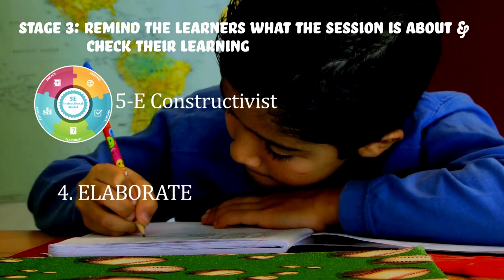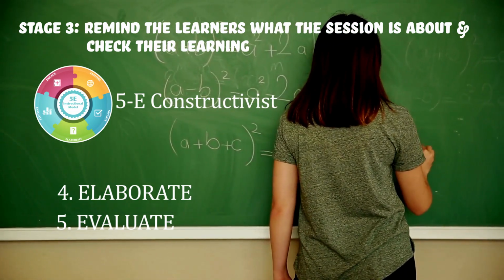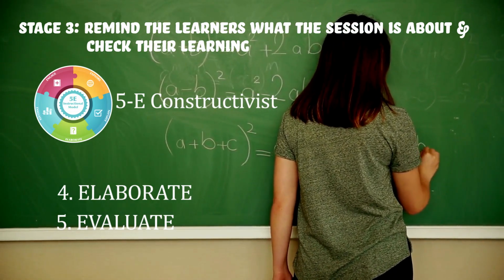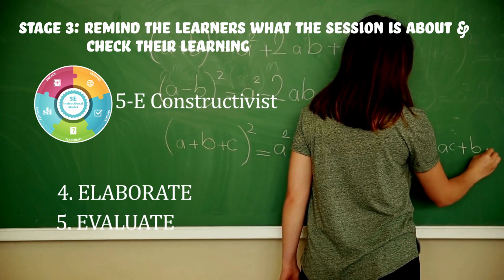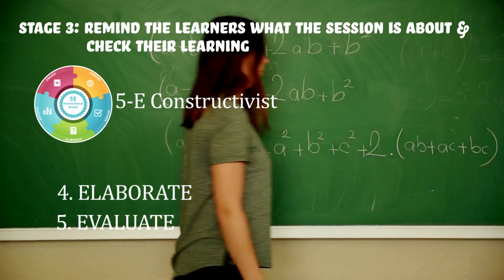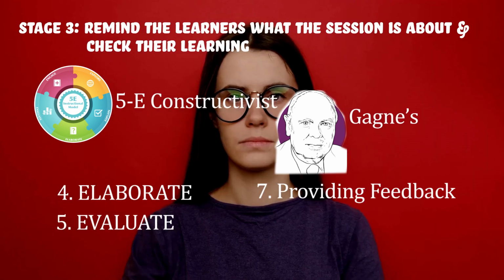And the next is evaluate. Students assess their own knowledge, skills, and abilities. This lesson should allow learners and teachers to evaluate students' progress and inform and shape instruction. Under the Gagne model, stage 3 contains the last 3 steps. The first of these is step 7, providing feedback.